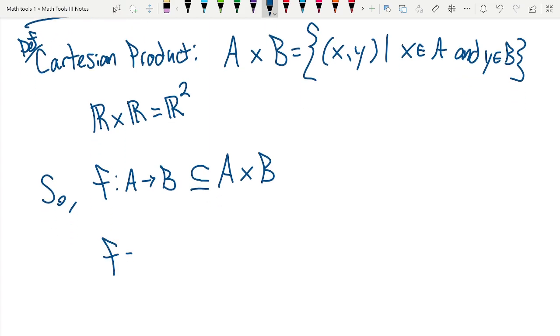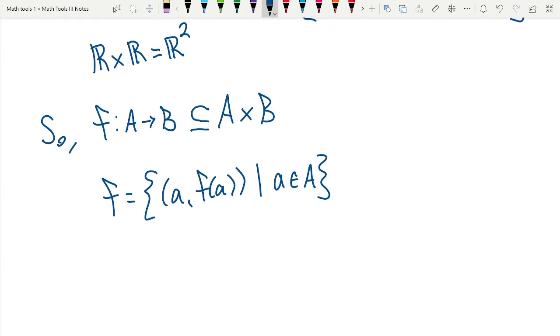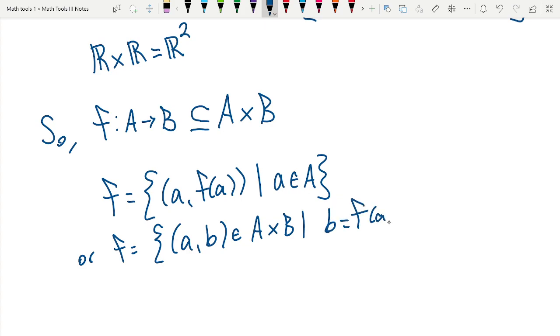So by this definition, we'd have f is equal to the ordered pairs (a, f(a)) such that a is in A, and it's given that f(a) is in B as well. Sometimes this could be written a little bit differently, as f equals the pairs (a, b) in A cross B such that b is equal to f(a).